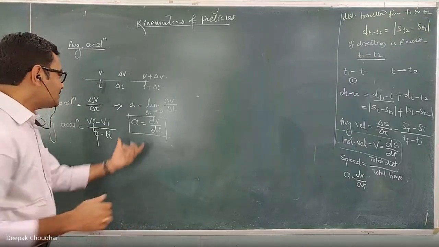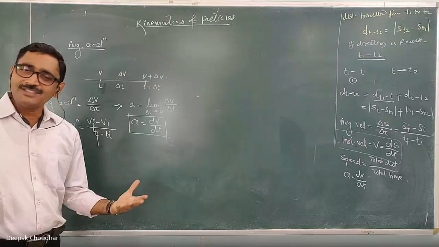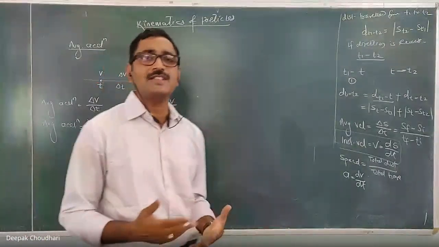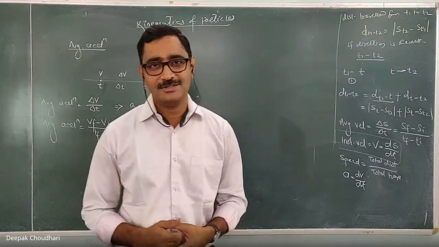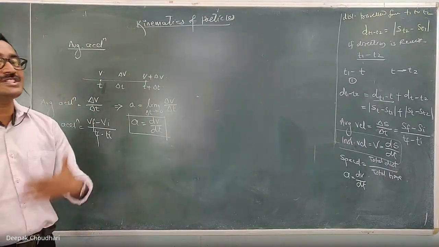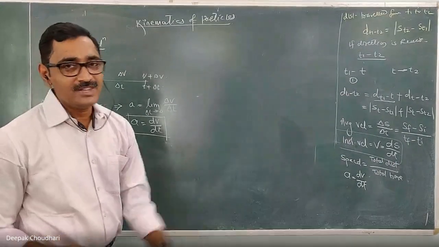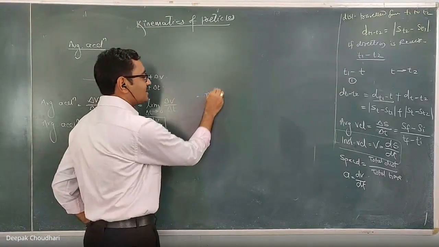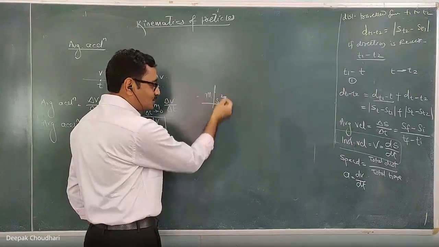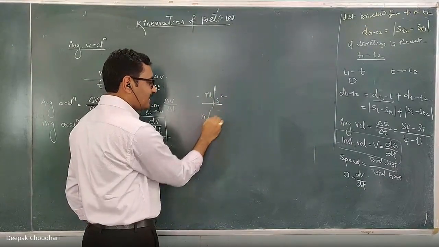Now this is about the acceleration. Acceleration is a vector quantity, having magnitude as well as direction. The magnitude of the acceleration is the rate at which the velocity is changing. The unit of acceleration is meter per second square, which I am going to split as meter per second per second.